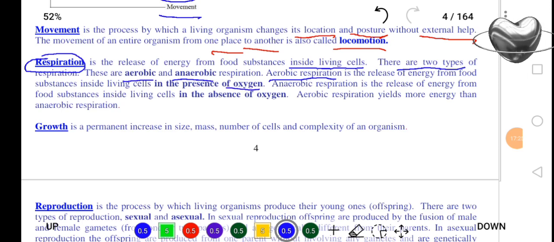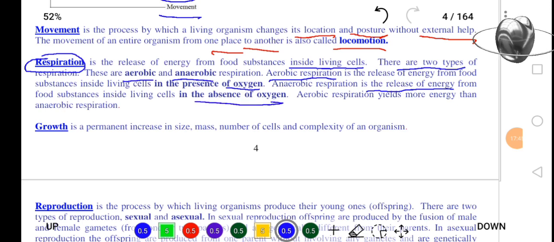That is aerobic respiration. Anaerobic, an means without. Without what? Without oxygen. So this is respiration without oxygen, meaning here energy is released in the absence of oxygen.